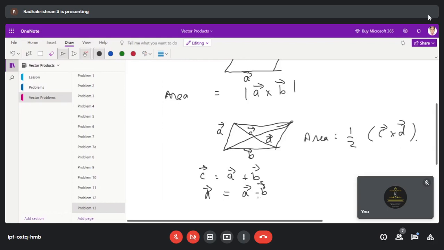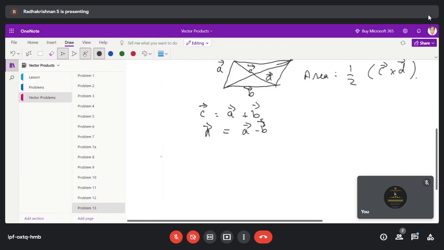If you take the cross product of C and D, A cross A will vanish, B cross B will also vanish.